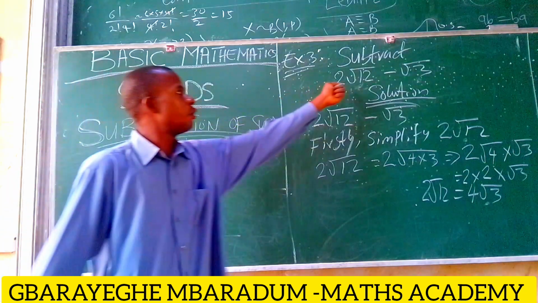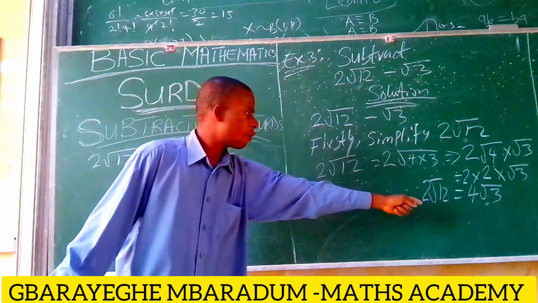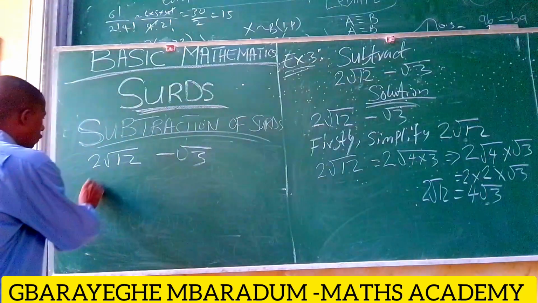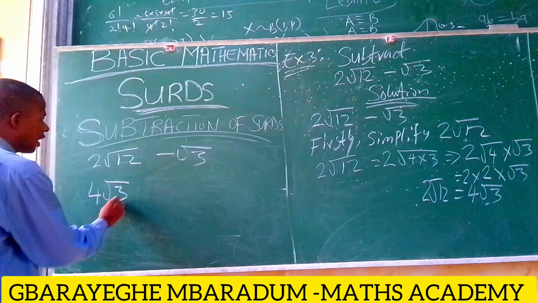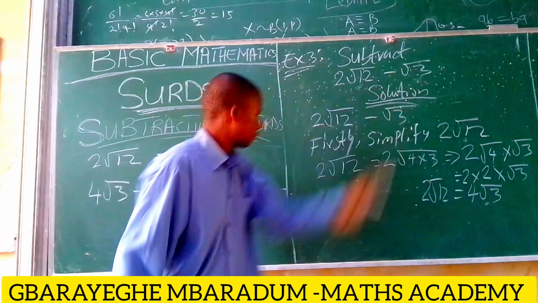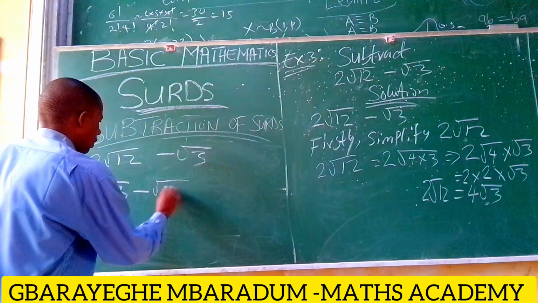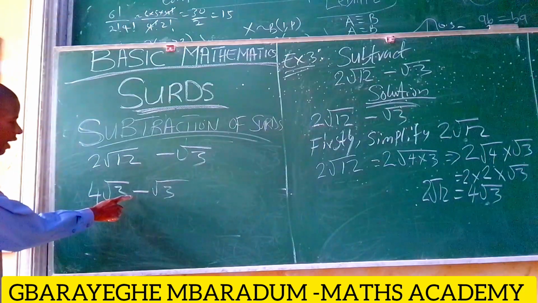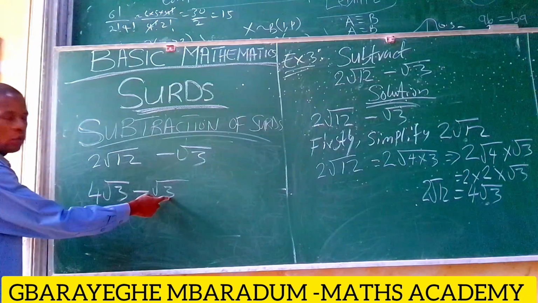And we know that when we simplify 2 root 12, we have 4 root 3, minus root 3. Now they are already in a form that we can subtract. They are both in root 3.